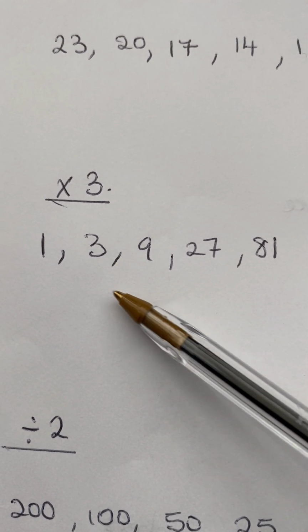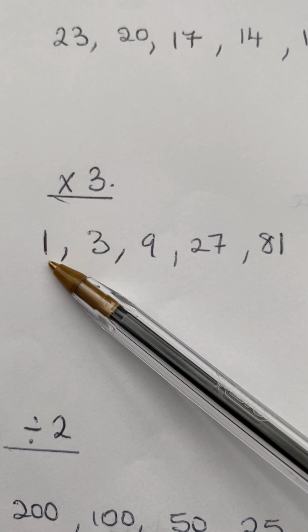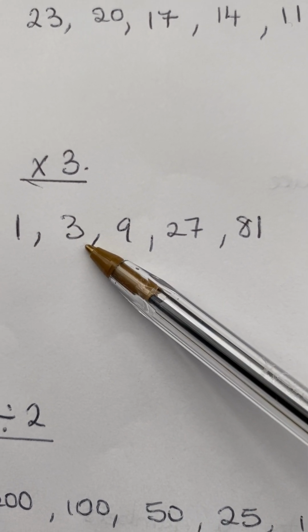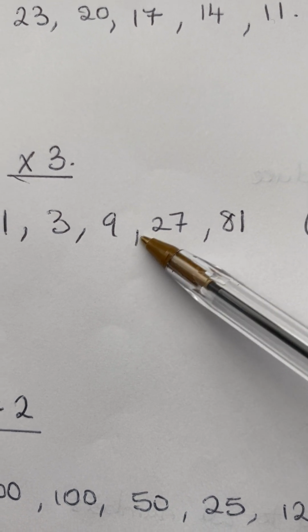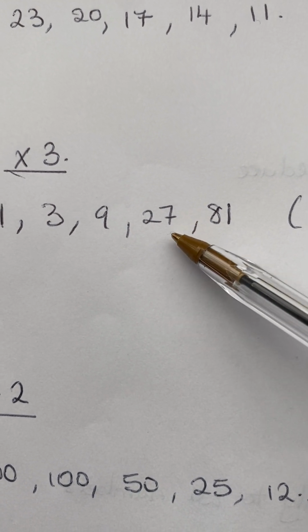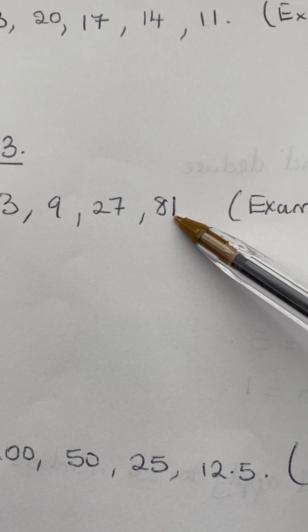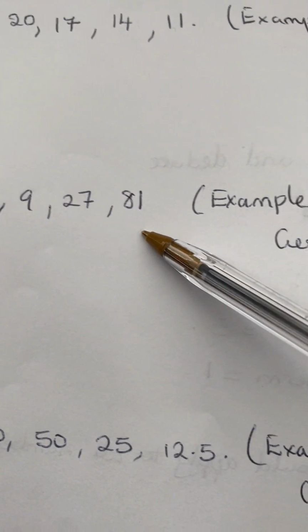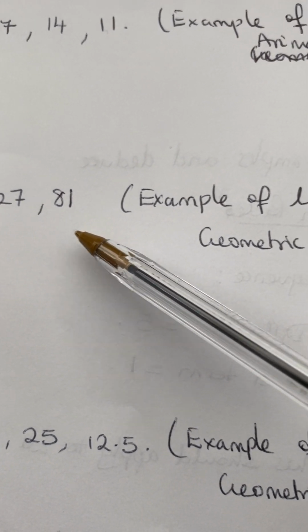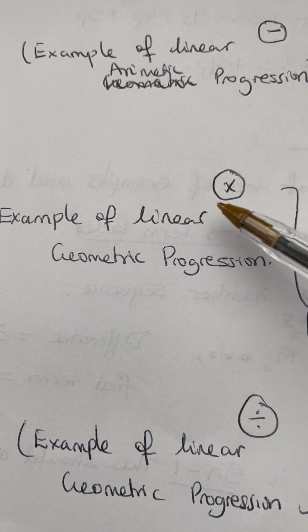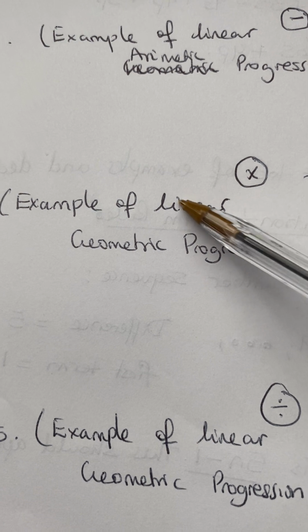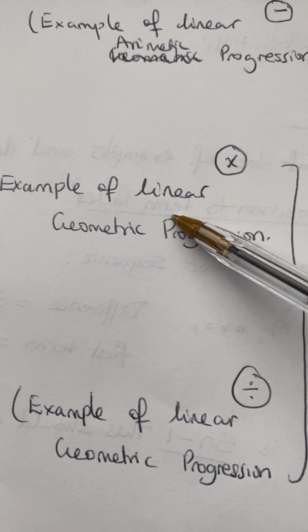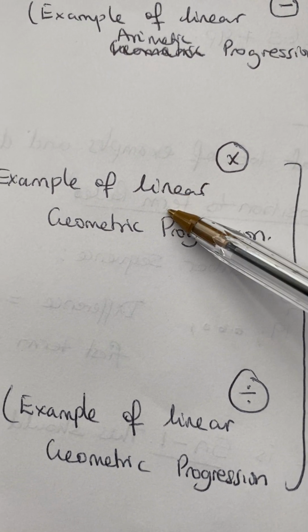1 times 3 is 3, times 3 is 9, times 3 is 27, times 3 is 81. It's still an ordered sequence. This example is times 3, and these types are geometric, but they are also linear.